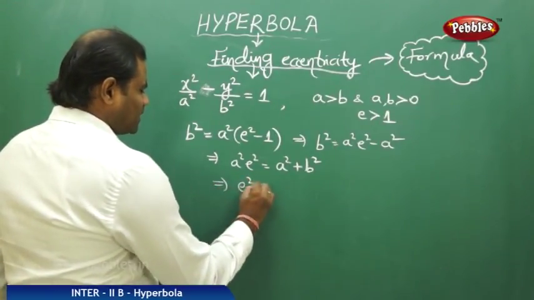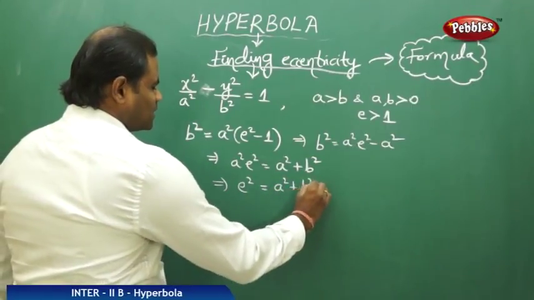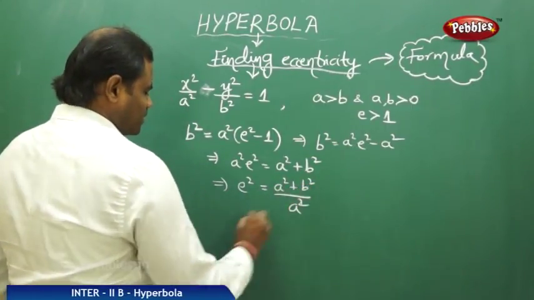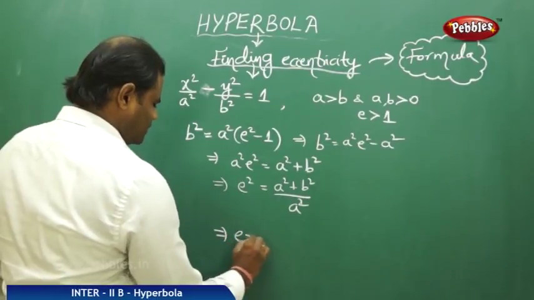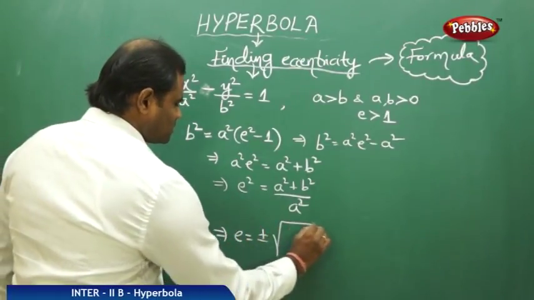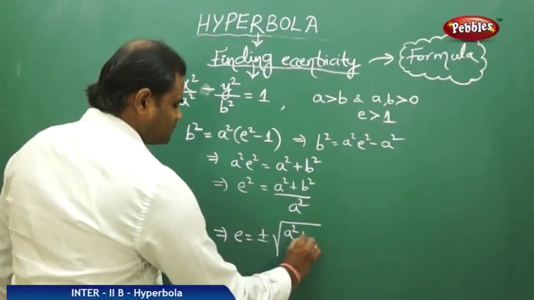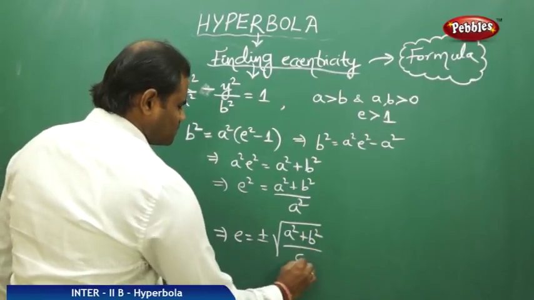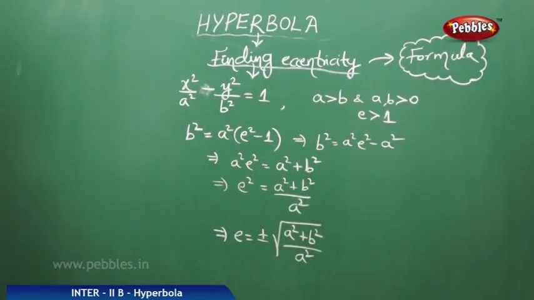That implies e square is a square plus b square by a square. That implies e is plus or minus root of this.